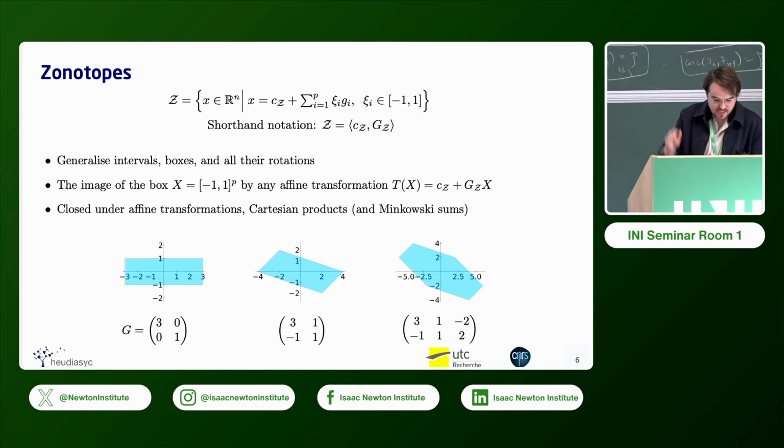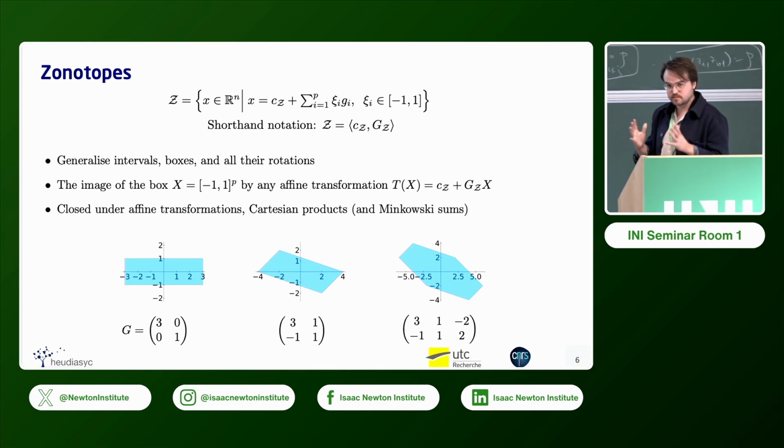Zonotopes. This is the class of sets that we're going to base our conformal prediction sets on. If you're not familiar with them, what are they? They're essentially a class of convex sets. They're like polytopes, but they have some additional symmetry constraints.